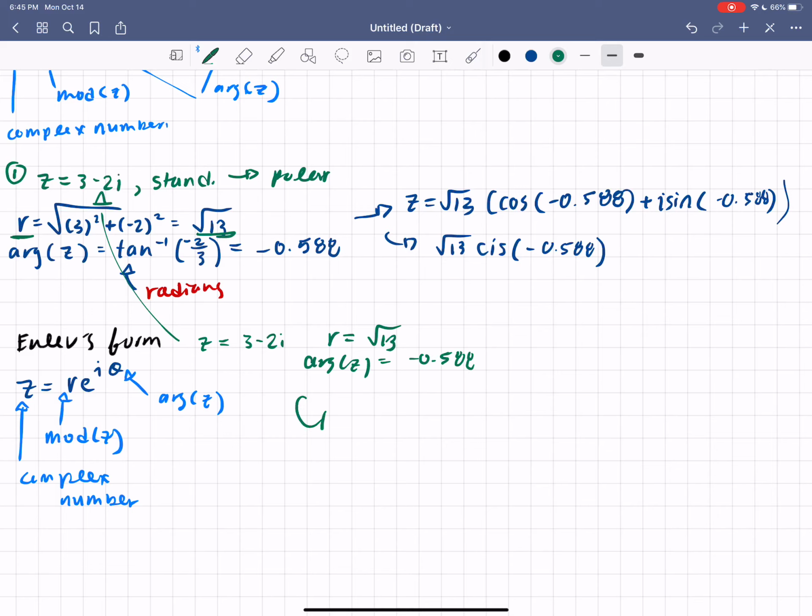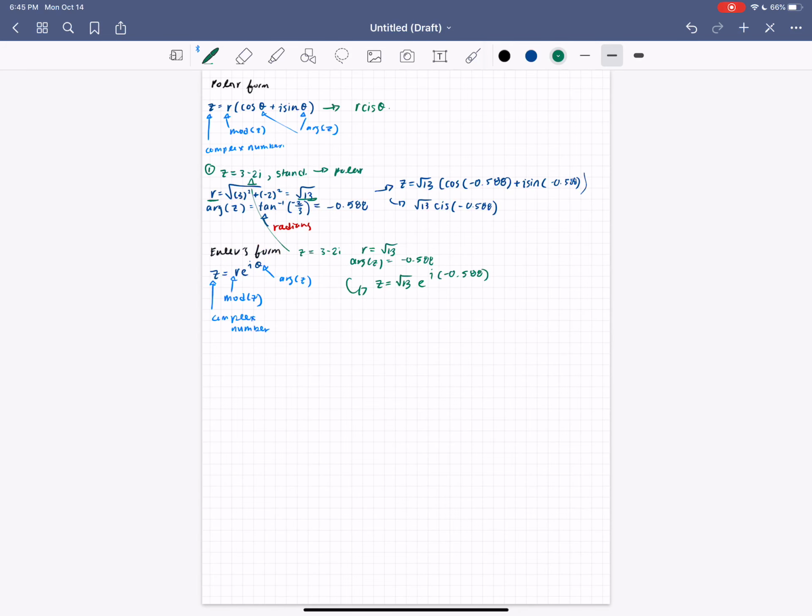So z is equal to square root 13 e to the power of i, and then our theta, negative 0.588. And that's how Euler's form would look. So hopefully that makes a bit more sense.